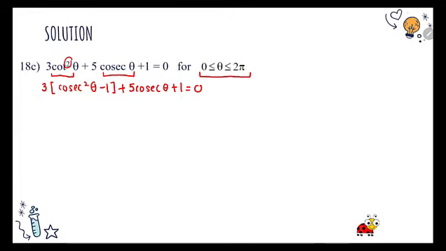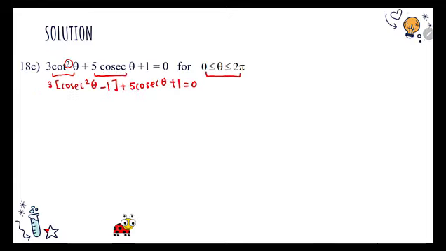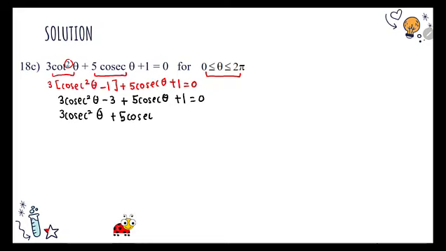Okay, students? Next we're gonna simplify this to 3 cosecant square theta minus 3 plus 5 cosecant theta plus 1 equals to 0. We can still simplify this equation. We're going to rearrange from the highest power to the lowest power. So we will be getting 3 cosecant square theta plus 5 cosecant theta minus 2 equals to 0.